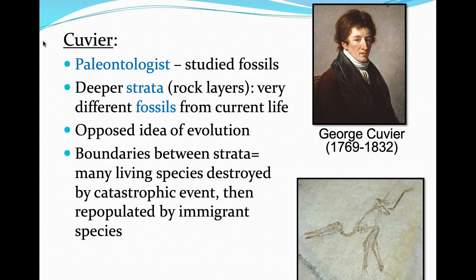So the new species are not even remotely related to the organisms down below in the lower level of strata, but they're different species that immigrated into the area. And that was one explanation he had opposing evolution.